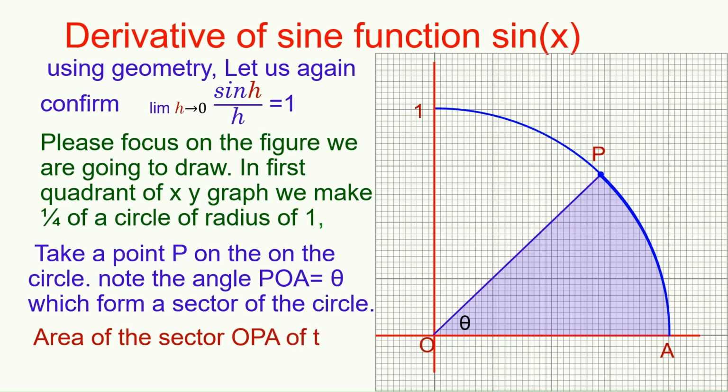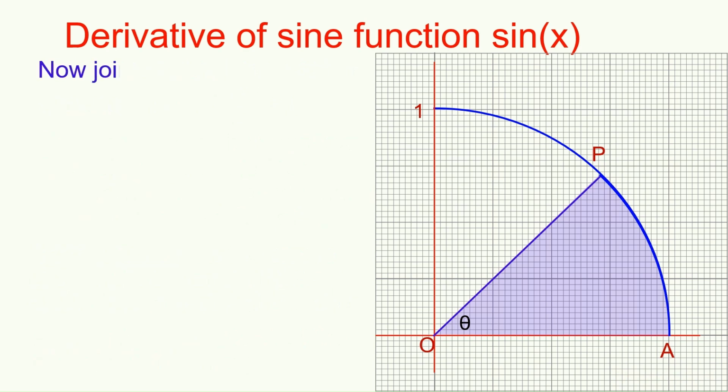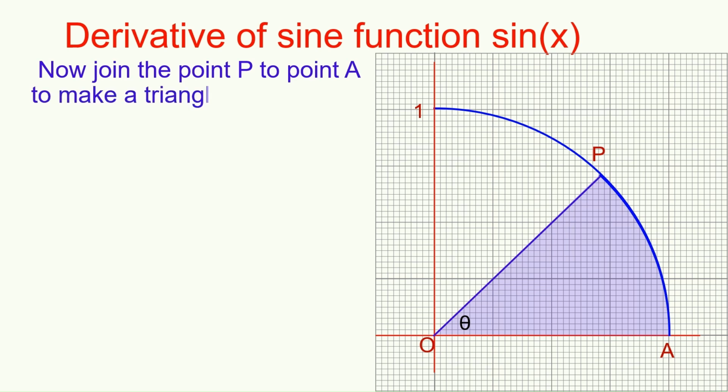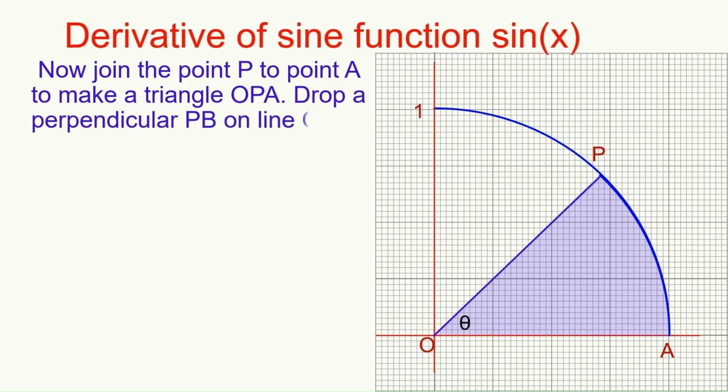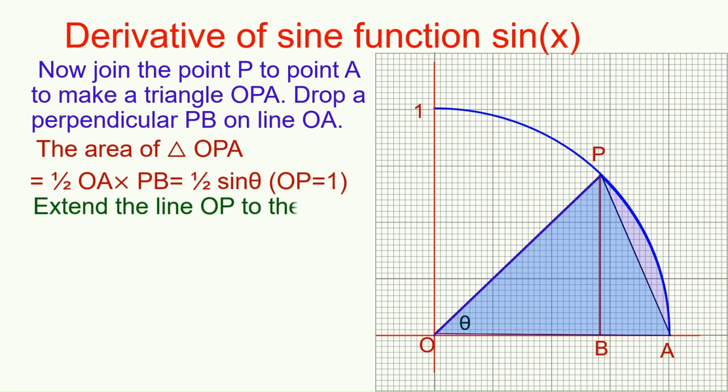Area of the sector OPA of the circle is 1/2 theta, as radius r equals 1. Now join the point P to point A to make a triangle OPA, and drop a perpendicular PB on line OA. The area of OPA equals 1/2 OA times PB equals 1/2 sine theta, as radius OP equals 1.